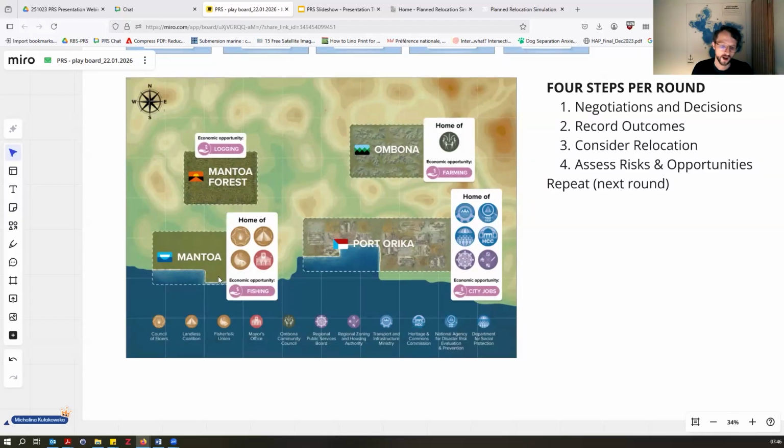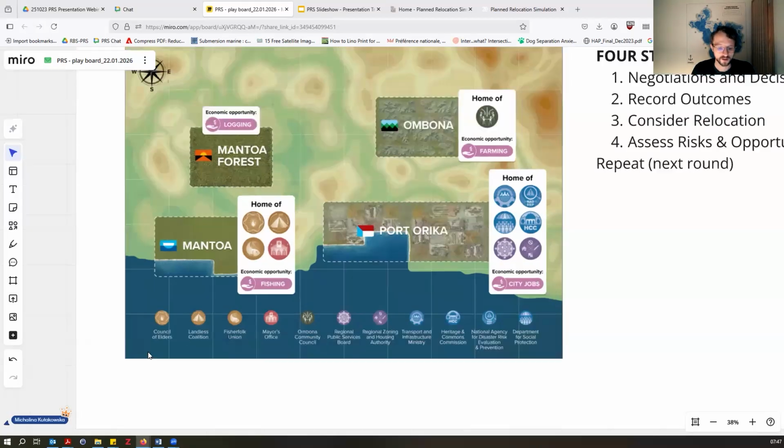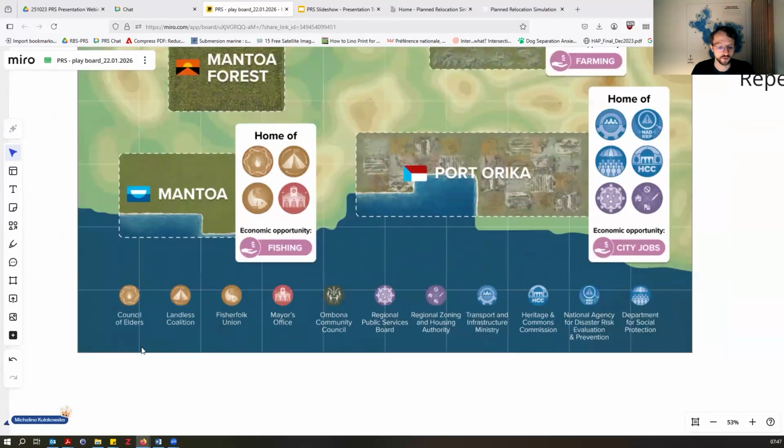On one table, we have the community of Mantoa and the adjoining forest, a site of ecological and traditional cultural value and significance. Around this table, the players take on roles related to the community, different constituencies within the community of Mantoa.